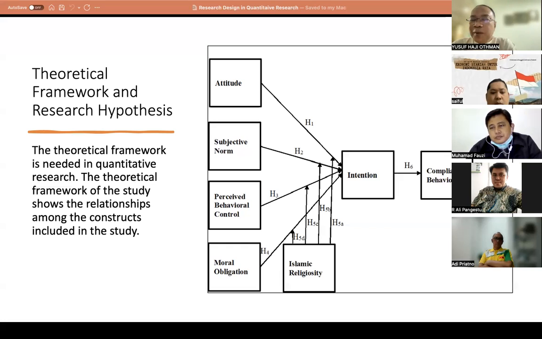Are you from economic background? My background is economics for agribusiness, agriculture, Prof. Okay. Mm. Okay. Agricultural economics, yeah. So there are several theories in economics that we can study.